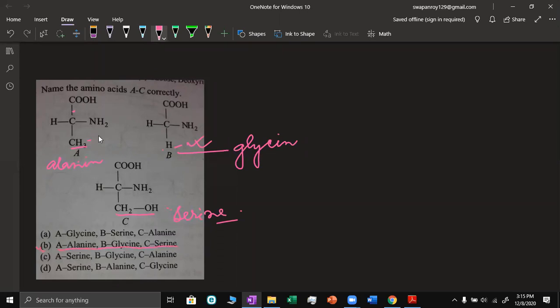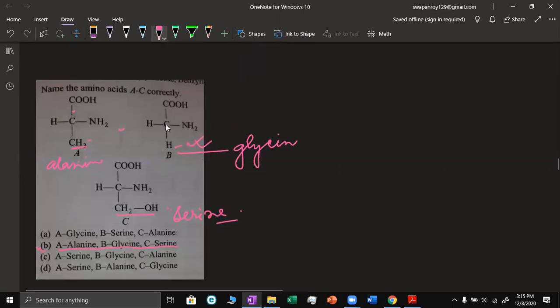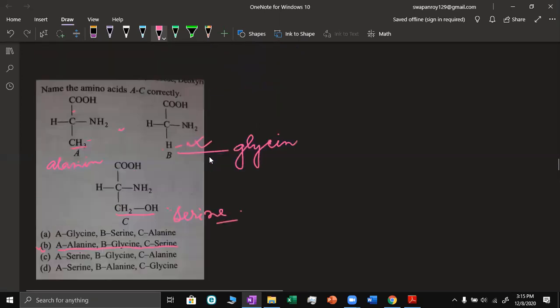So this way it changes. Okay. So by changing this R group, we are getting different types of amino acids.